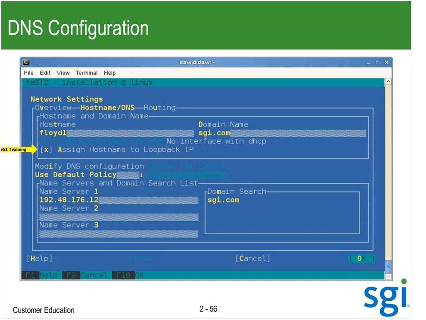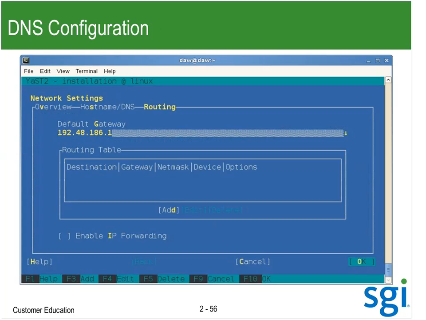Then I'm also putting in my DNS, 192.168.176.12, and then the domain. This equipment is in a .sgi.com domain. There's no real subdomain naming convention. And then also, people will forget about this, including me. I've got a right arrow again, tab up to your right arrow again, fill in the gateway, tab down to OK.